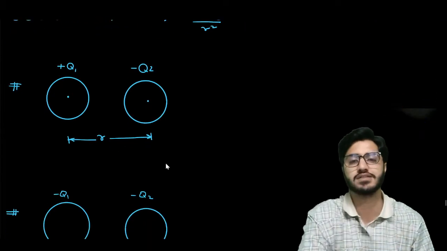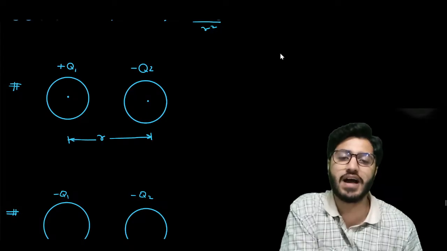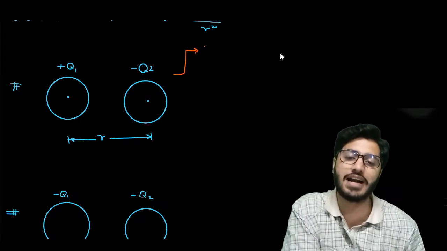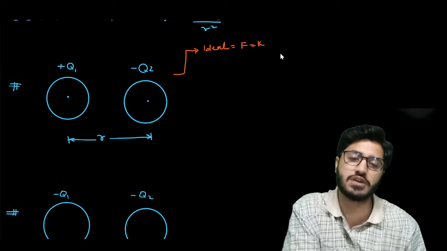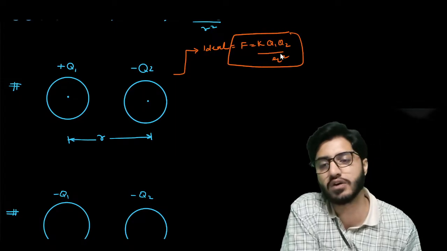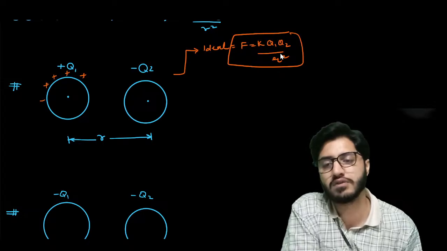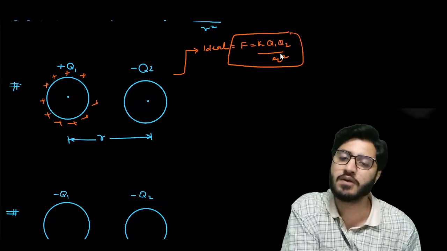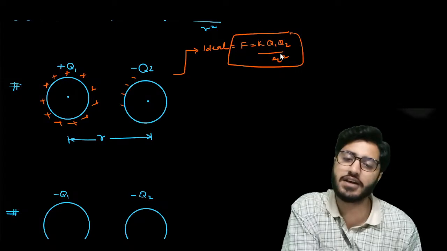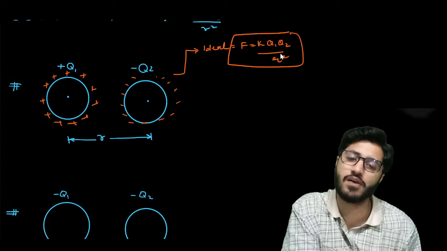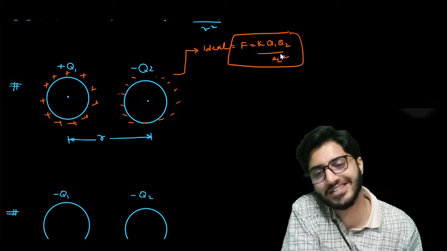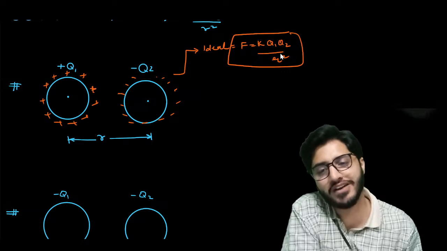Now, in this case, if I need to write the ideal case, what will you write? Sir, F will be equal to K Q1 Q2 by R square. Ideal case. But what actually will be there? Now look, here will be positive and here will be negative, and this positive will attract this negative. So what will happen?